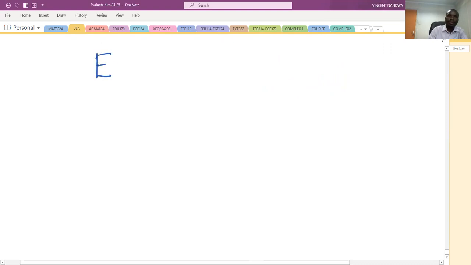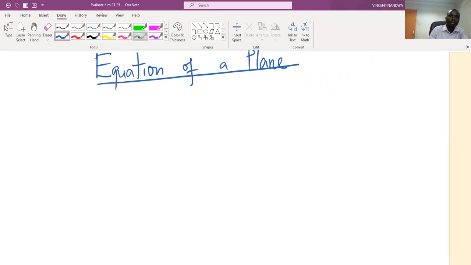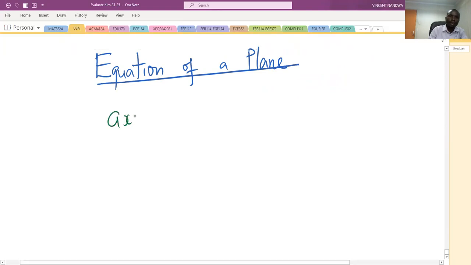Equation of a plane. Any plane has an equation of the form ax plus by plus cz plus d equals 0.